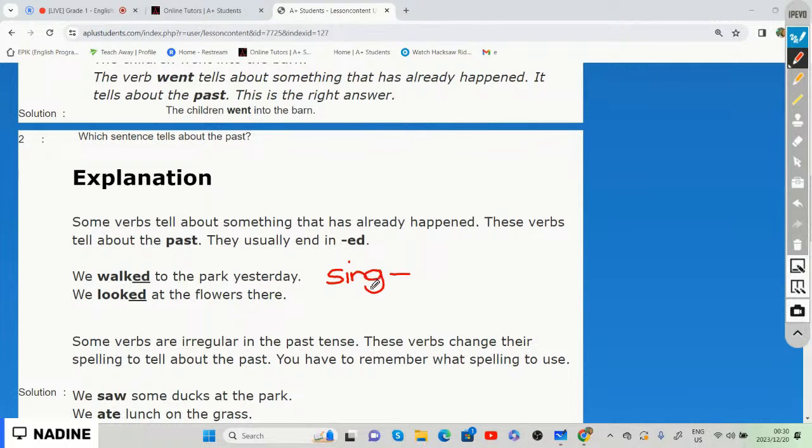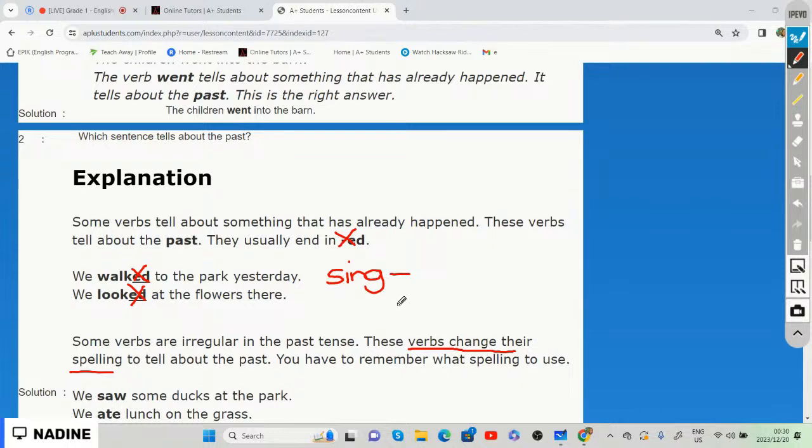So the children sing beautifully. Yesterday, the children beautifully. What is that specific word? Remember, we are doing the irregular past tense, right? Where we don't add ed. The word changes. The verb changes its spelling.